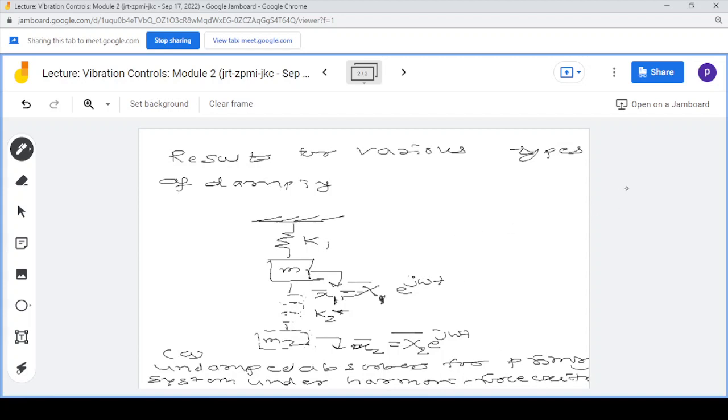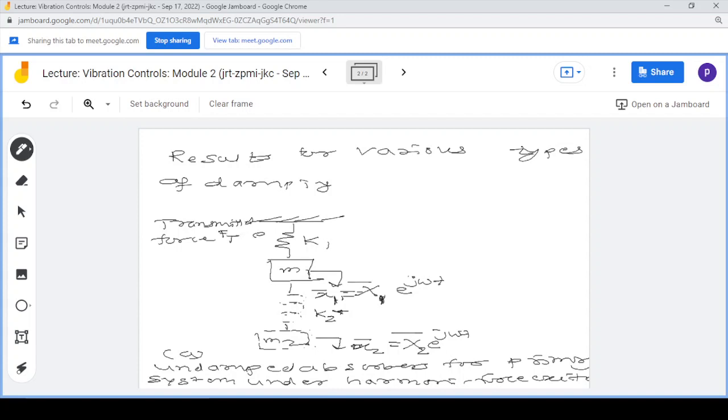Okay. Now what is the difference between this system under harmonic force excitation and the base excitation? We can see that in the harmonic force excitation, the support is fixed, right? And in this case we can show the transmitted force, let us say it is denoted by ft.